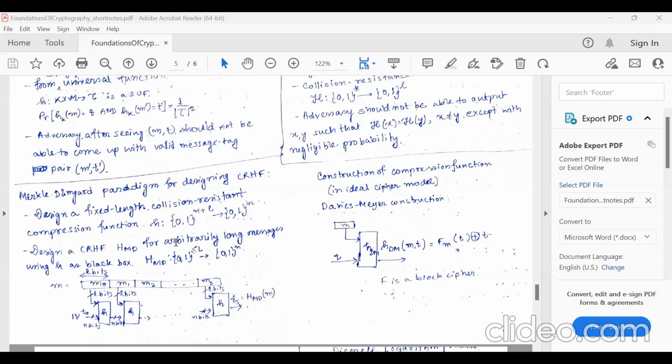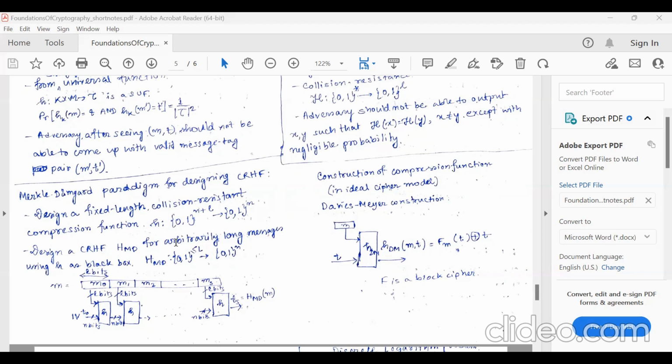Remember, for a hash function your input space is arbitrarily long, because we say that it's any length binary string, but for a fixed length collision resistant compression function, your input length is fixed at n plus l. So let's denote such a function as small h. Then how do you generate a collision resistant hash function?